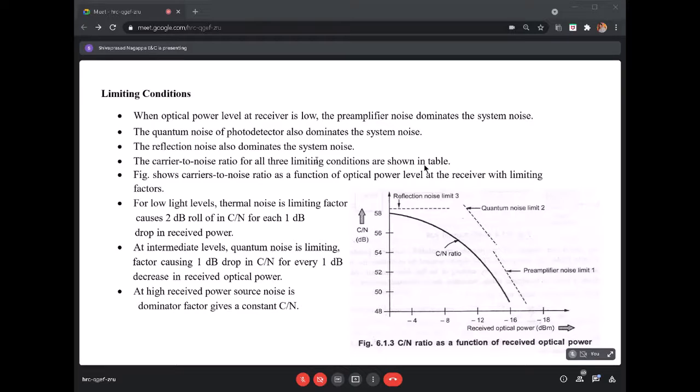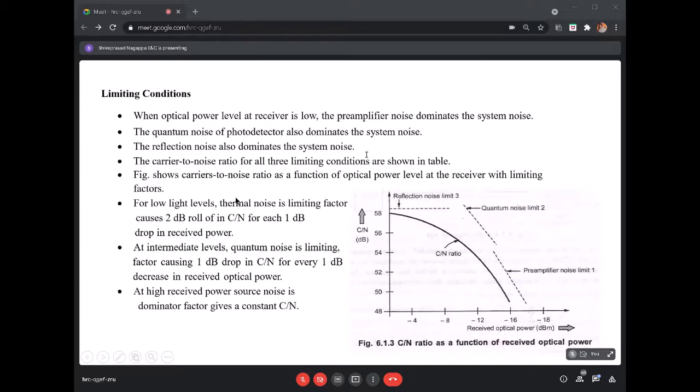Here we come across the quantum noise, the reflection noise, and the carrier to noise ratio. These are the different noises which dominate our system noise, so we need to minimize them. Those are the limiting conditions, and they are shown in the table.